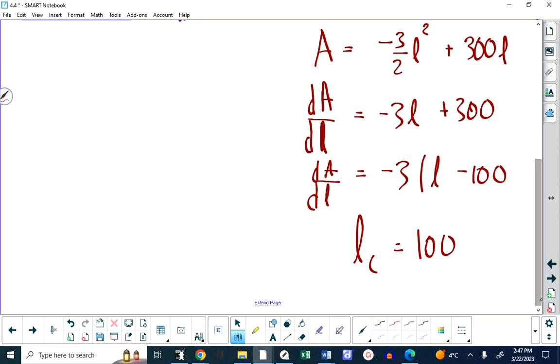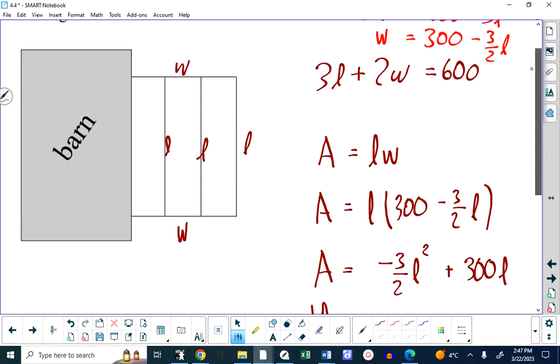If you were to construct the first derivative table, you would confirm that prior to 100, the derivative is positive, which means the function is going up, and after, the derivative is negative, which means the function is going down, which means you have a maximum area. This is 100. A little bit of thought, I think this is 150.